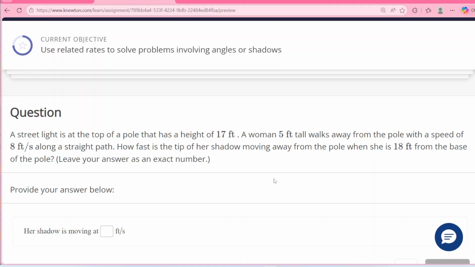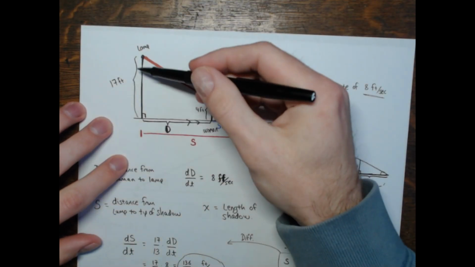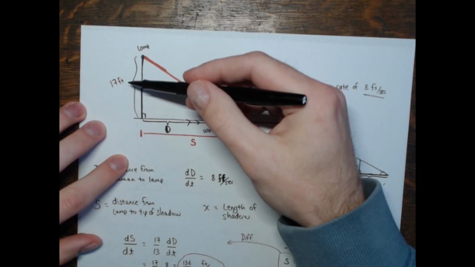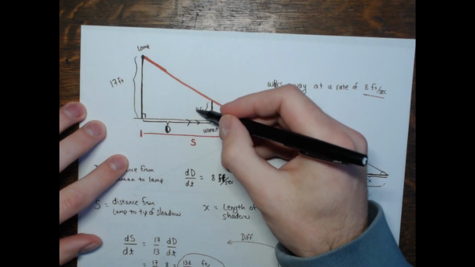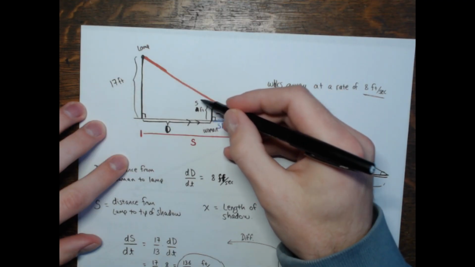Okay, so I did the one with the shadow tip earlier. Let me pull that picture up. I don't feel like redrawing all this. So I had this picture up earlier, and you've got the lamp post, which is again 17 feet tall. This time, though, the woman is 5 feet tall.